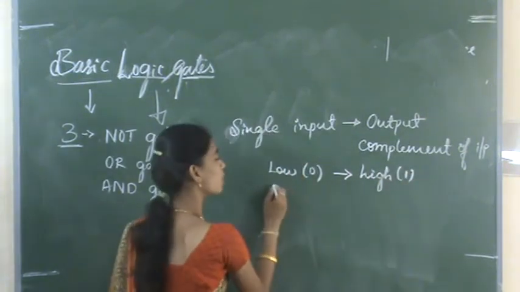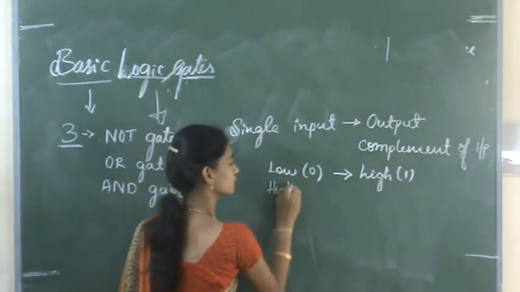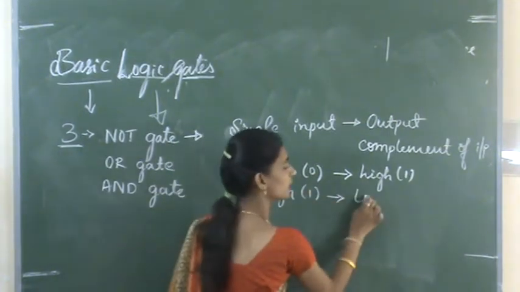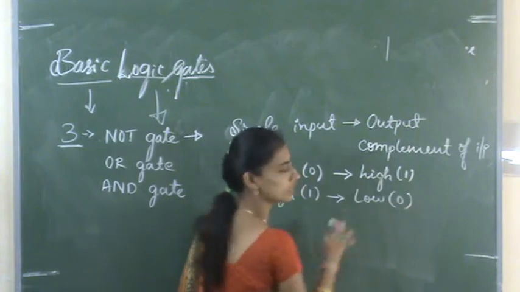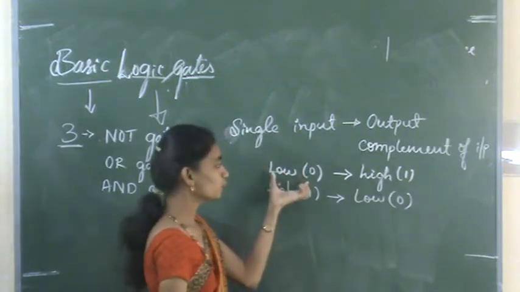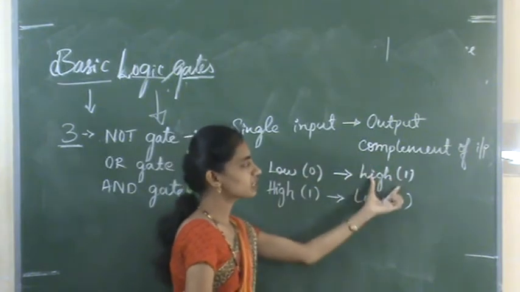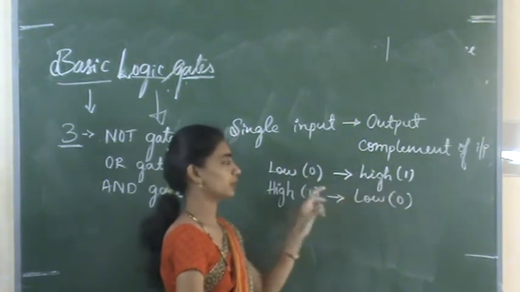If you provide the input high, meaning 1, the output will be low, meaning 0. Whatever you provide as input, the output will be the opposite, or complement, of that input.